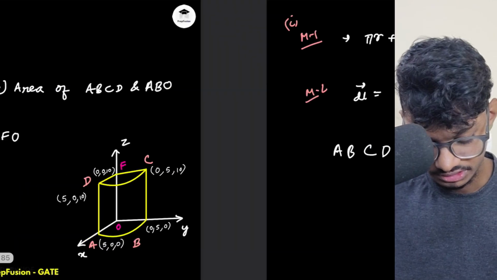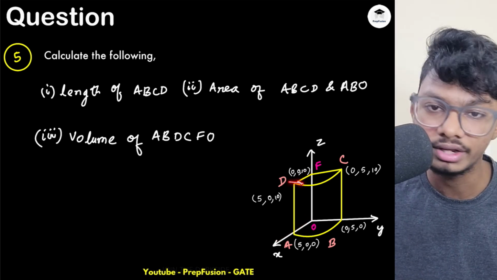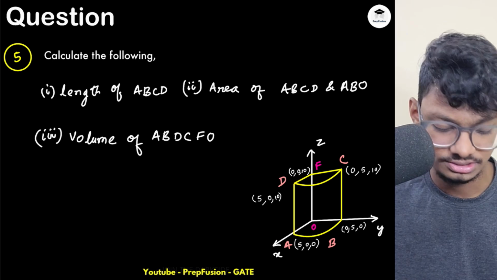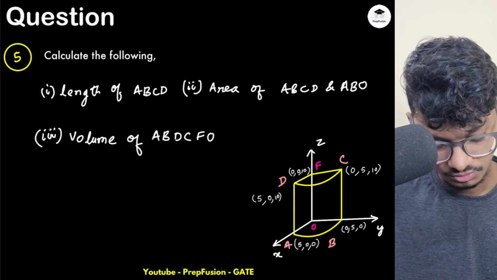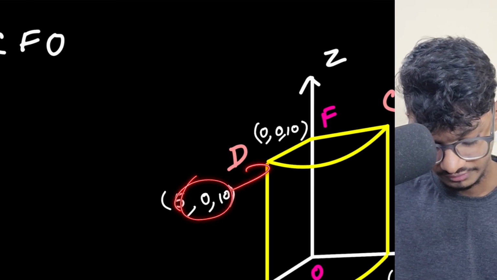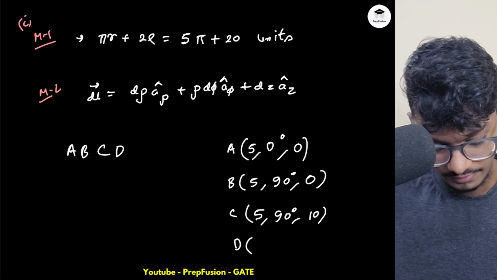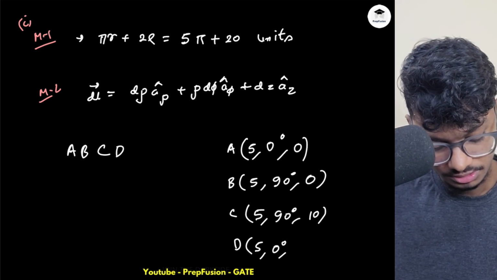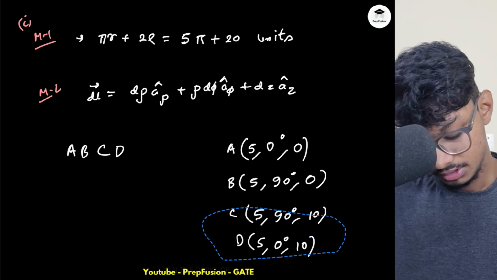And the D point is parallel to the x-axis, so I don't have to rotate any angle, and the distance from the origin is 5. So it will be 5, 0 degrees and 10. Okay, so we got this.